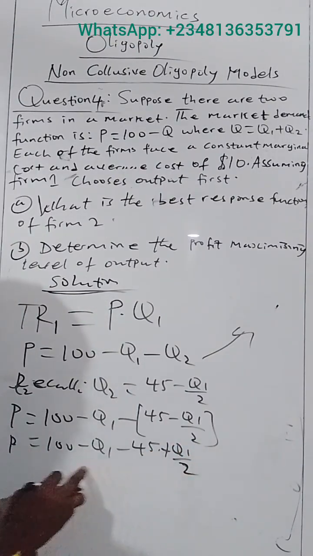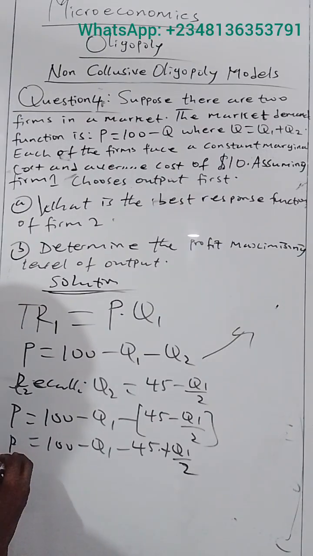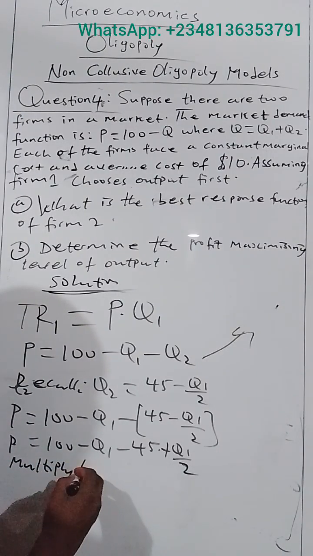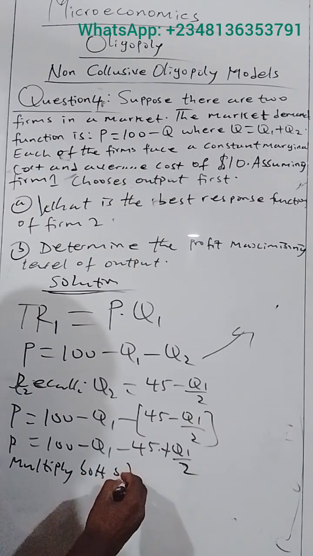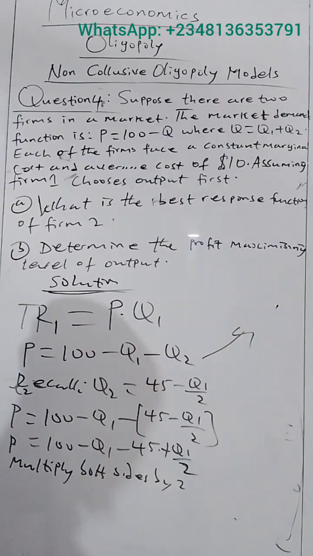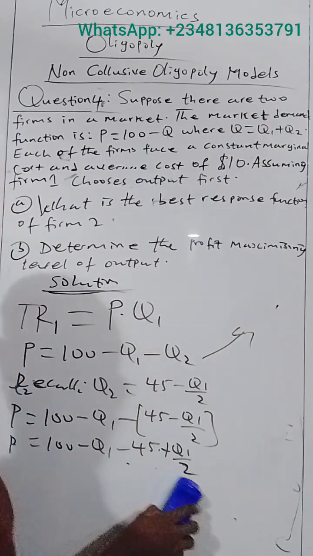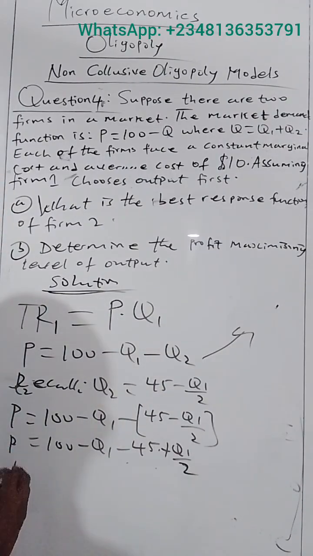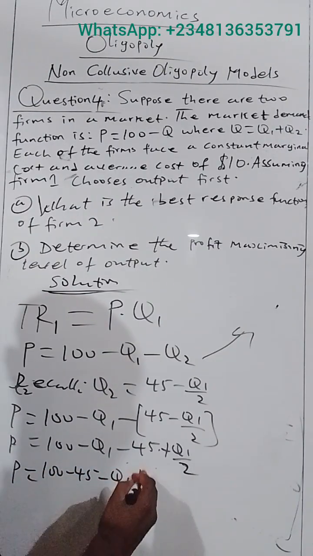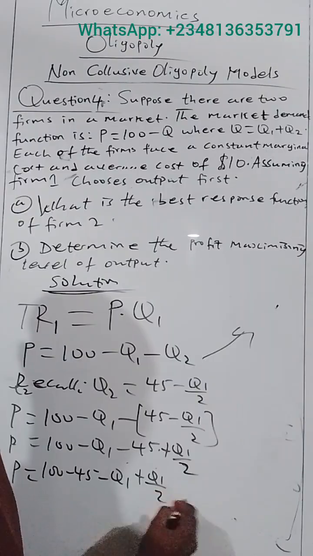Okay, we multiply through by 2, that is, multiply both sides by 2. That gives P equals 100 minus 45, then we write minus Q1 plus Q1 over 2.